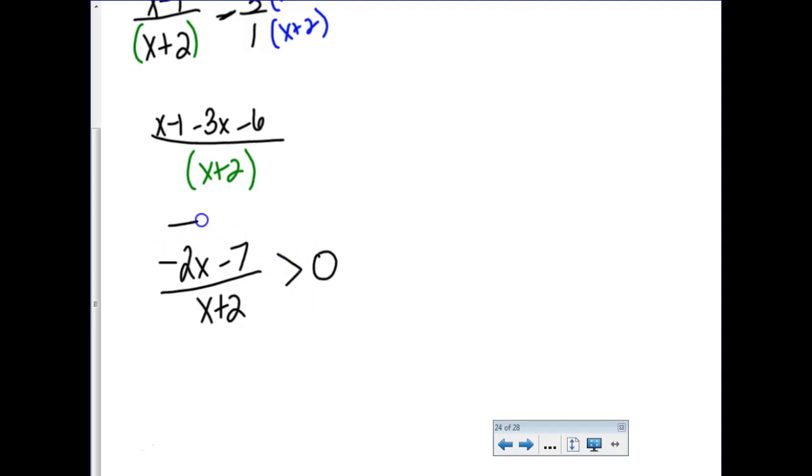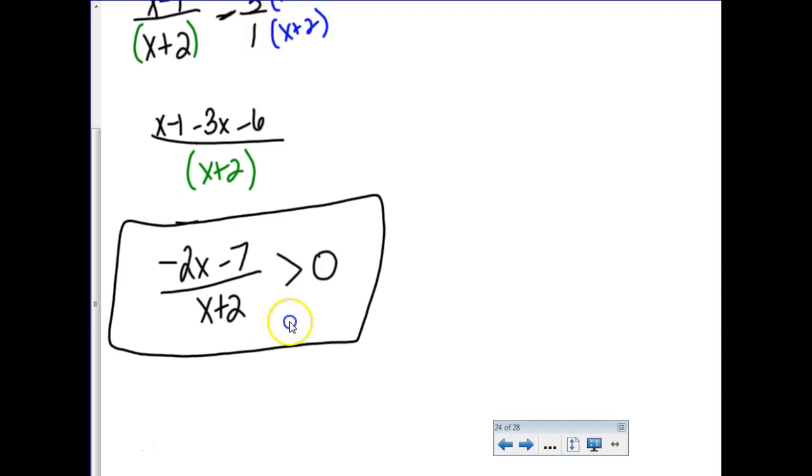Okay, so this is the question that we are going to algebraically test to find our critical points. So remember, guys, critical points would be anything that would make your numerator or your denominator equal to 0 today. So if you set your numerator equal to 0, you'd get negative 7/2. Okay.